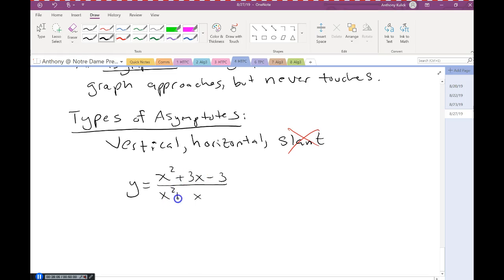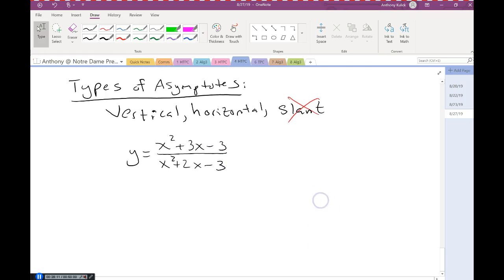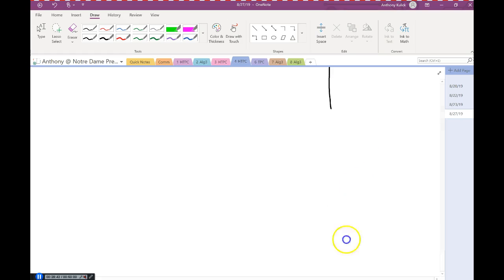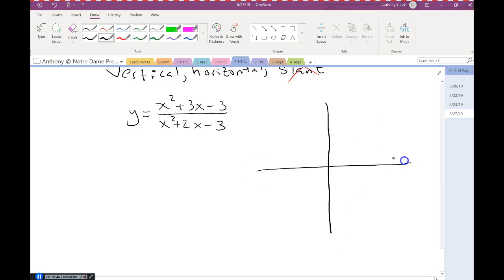So if I drew this, I could do this on my calculator also, but it's just a little bit easier for me to draw it in by hand, and this is definitely something that you could graph with your calculator.